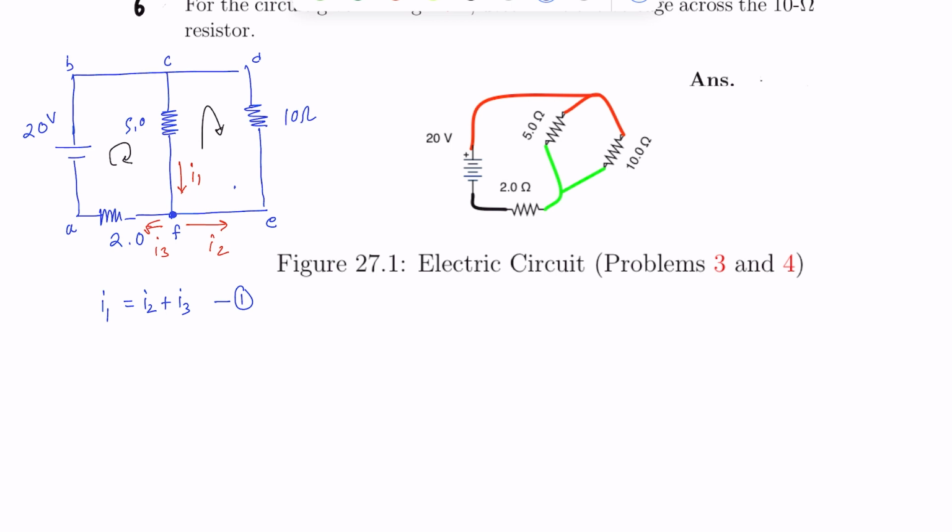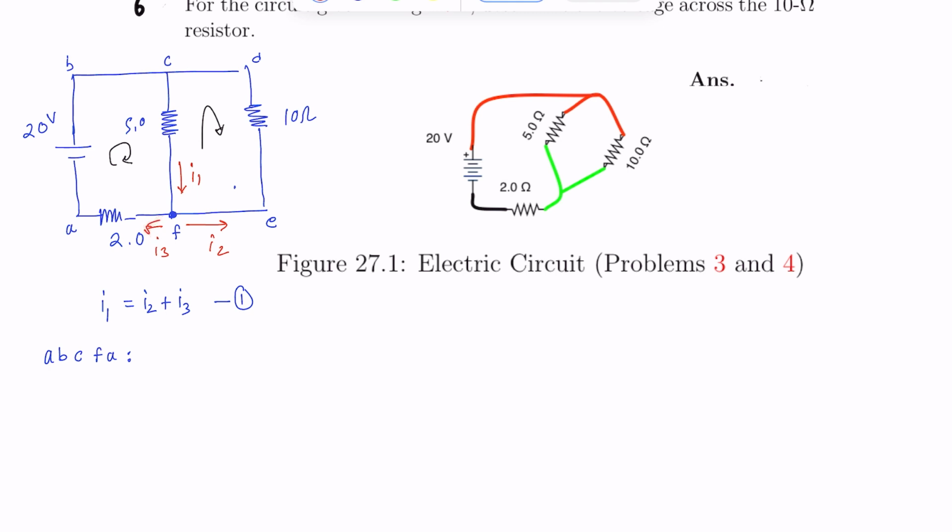Let's start with the loop A, B, C, F, A. In loop A, B, C, F, A, I start at point A. The very first thing I see is this battery right here. I'm going to make a full circle. Here you can see that the current I3 is in this direction.